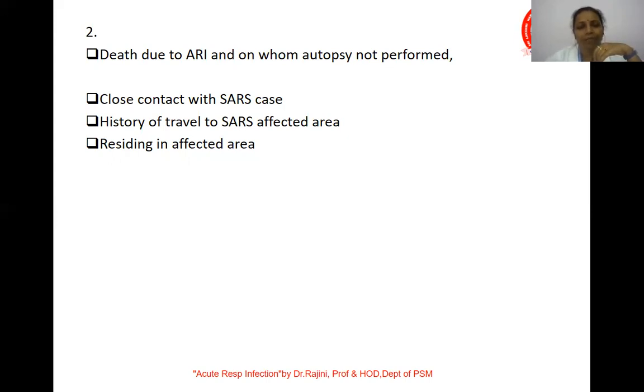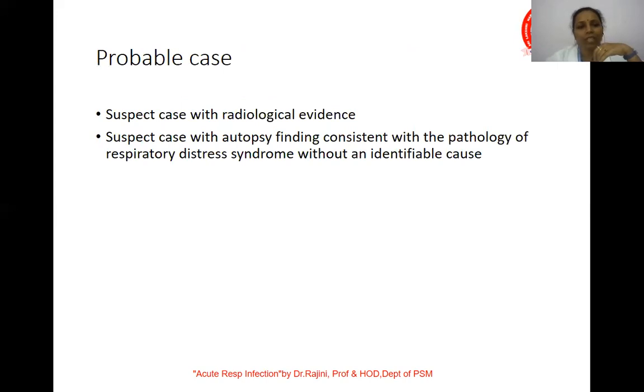And what is called a probable case? A suspect case with radiological evidence, where the patient has fever, cold, sore throat, and X-ray findings. And a suspect case with autopsy findings consistent with the pathology of respiratory distress syndrome without an identified main cause.